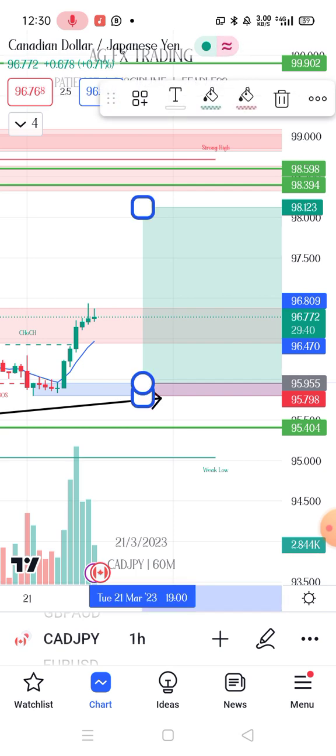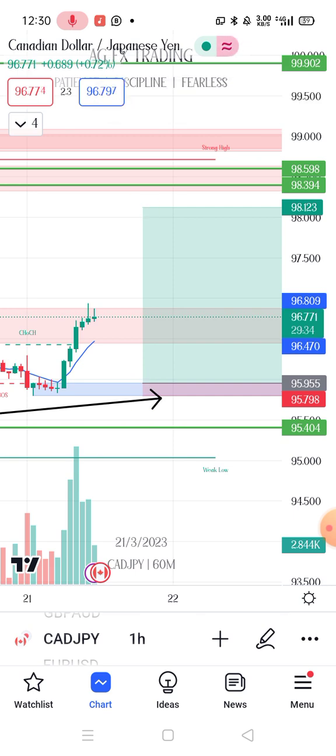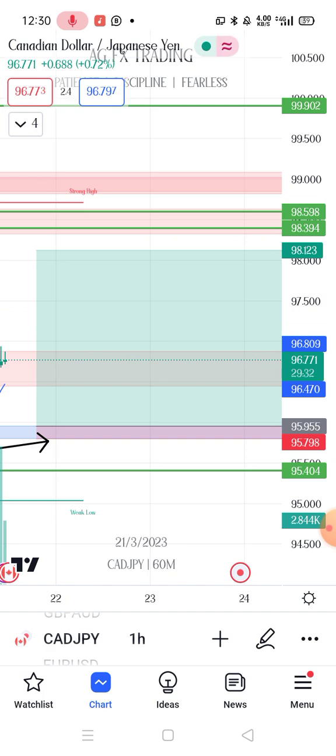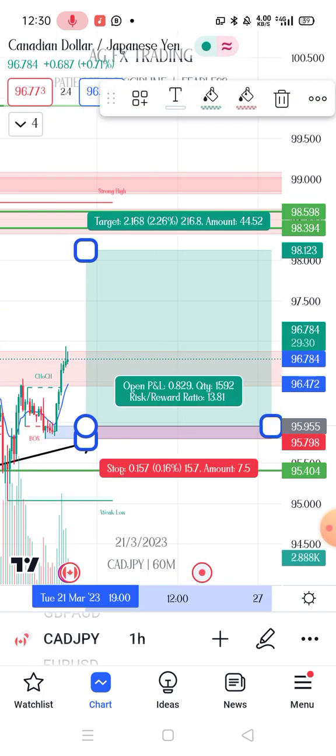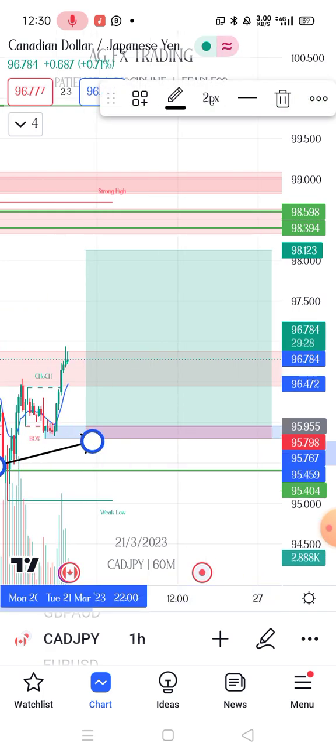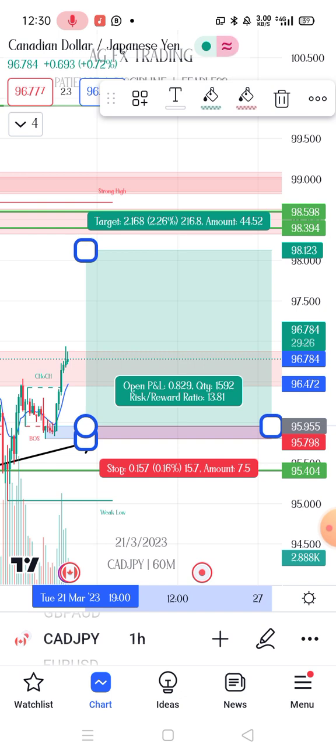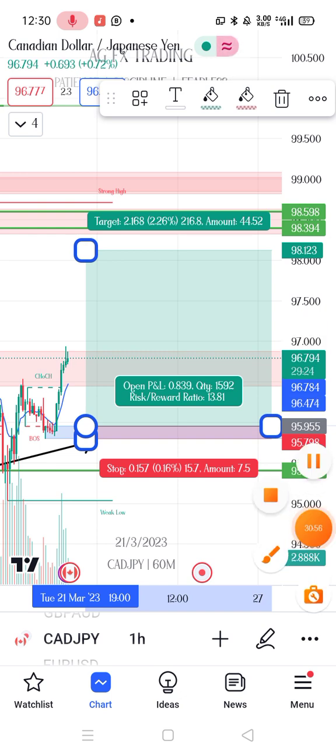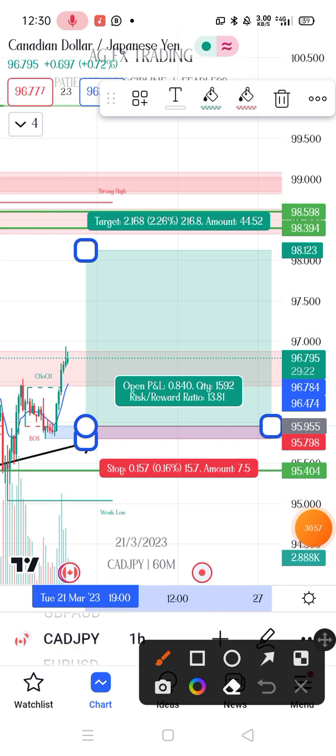Now in this trade, let me show you something very quick. Check out this place where you see the ratio, this 15.7 and this 216.8.